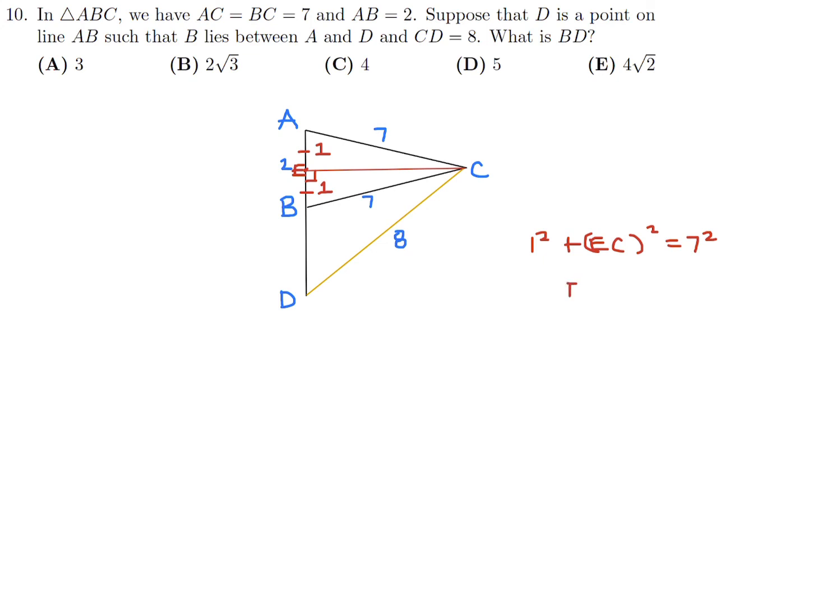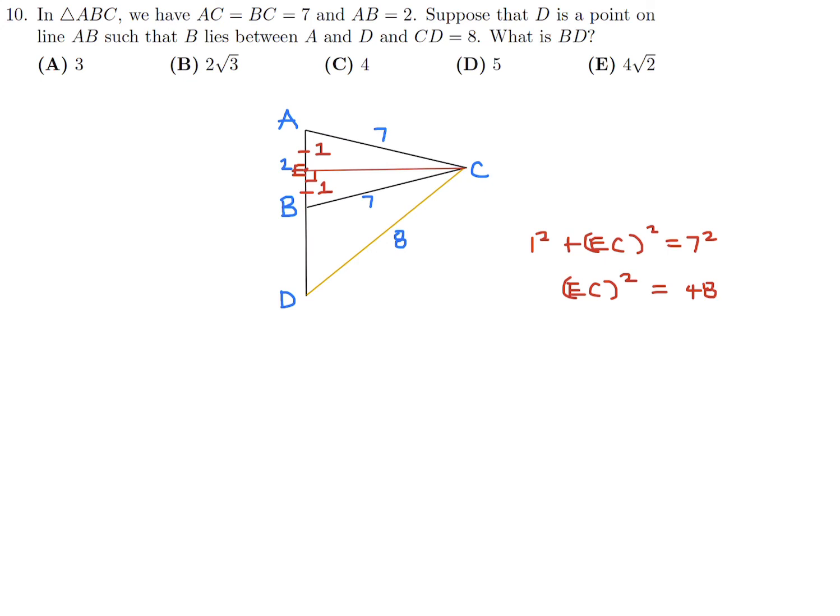Correct? So that means EC squared is equal to 49 minus 1, which is 48. And I think that is good enough for now. Now let's concentrate on this triangle right here, the bigger one.